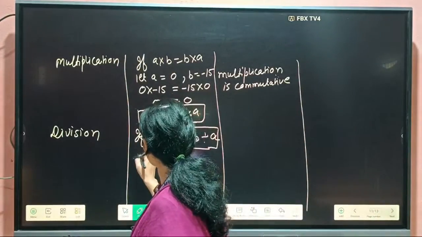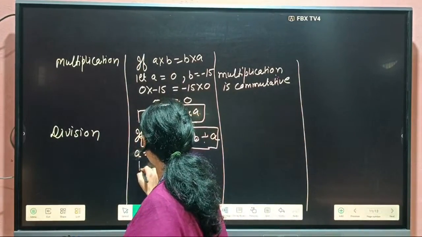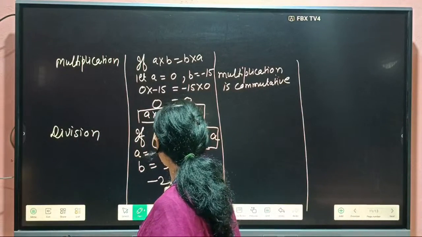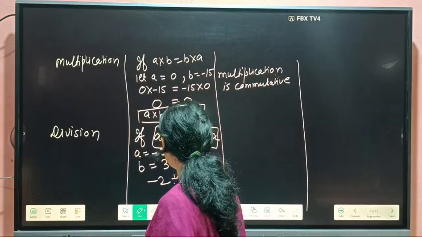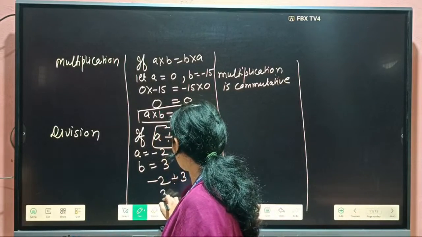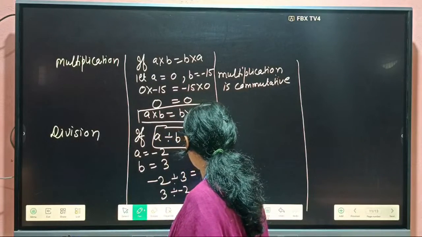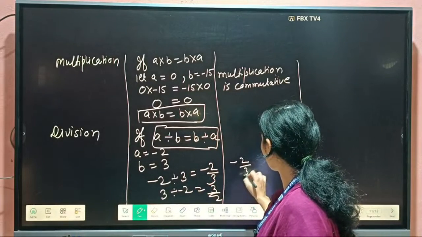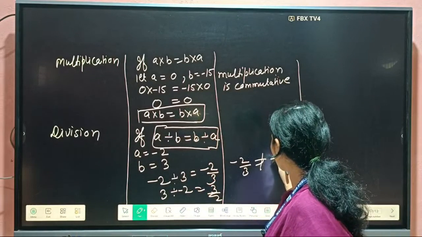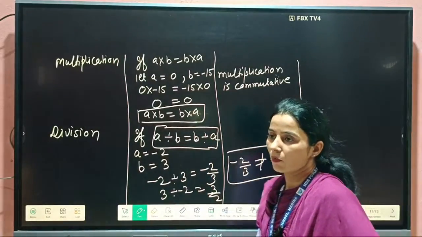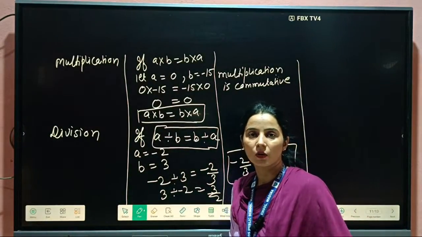Put value of A is minus 2 and B equals 3. Then minus 2 divided by 3, answer is minus 2 by 3. And B divided by A will be 3 divided by minus 2, answer is 3 by minus 2. We can say minus 2 by 3 is not equal to 3 by minus 2. It means division is not commutative.